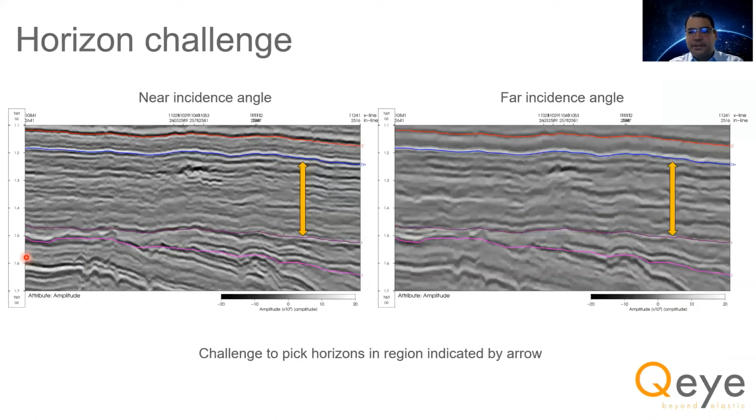So here is just a look at how the seismic data looks. You can see here within this window how challenging it is to track or interpret any horizons. And this window happens to be the time window where the reservoirs will be sitting.